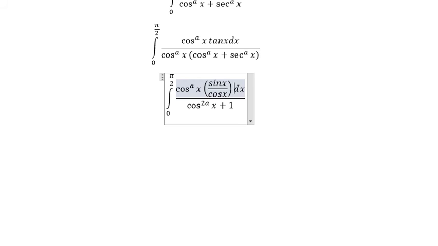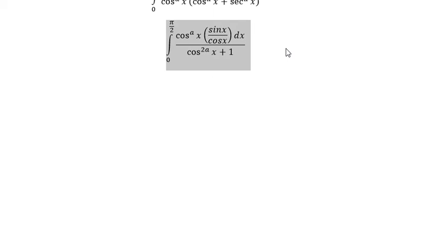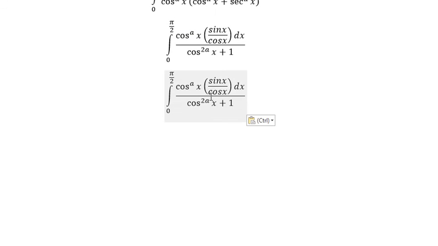Sec x we change to 1 over cosec x. So this one and this one eliminate together and you get only the number 1. Tan x we have sin x over cosec x. Here we have cosec x, so we have cosec x to the power of a minus 1.